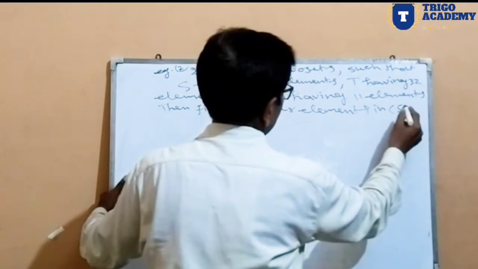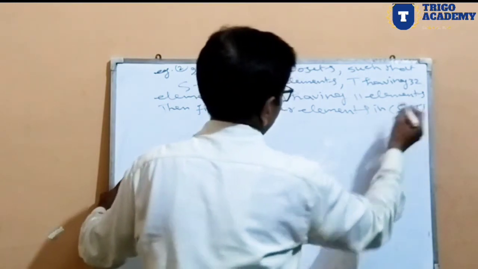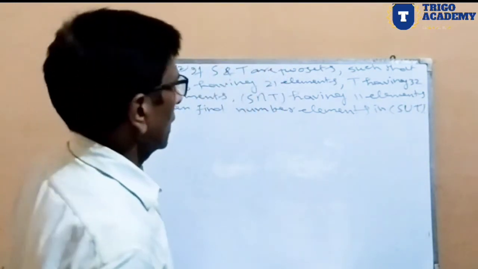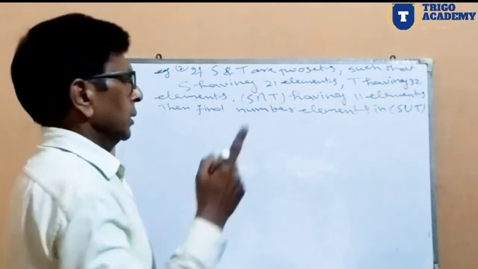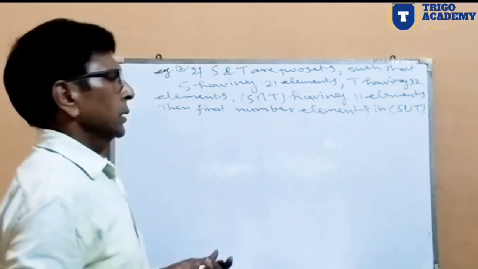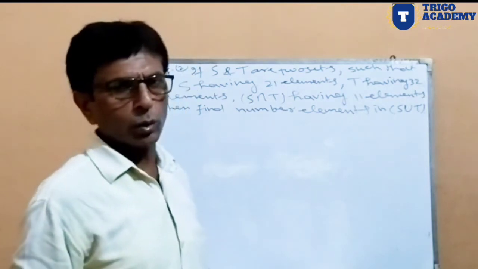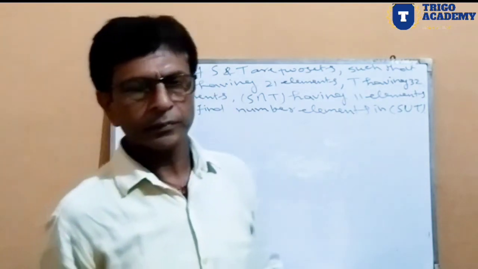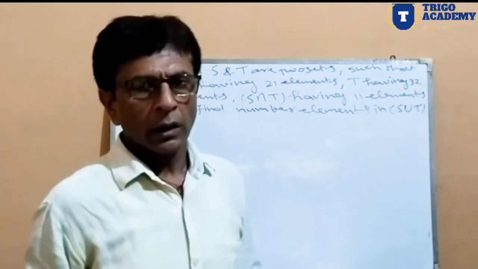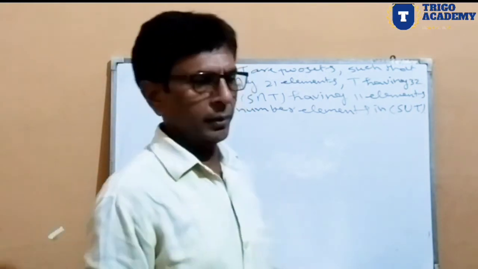तो same way we will use that formula कि n(A union B) equal to n(A) plus n(B) minus n(A intersection B).